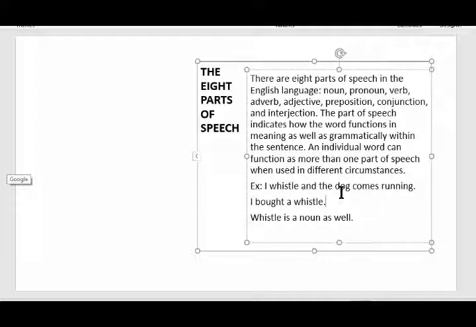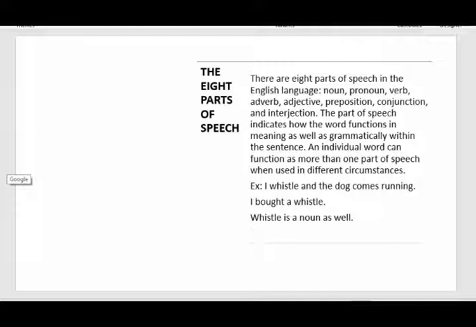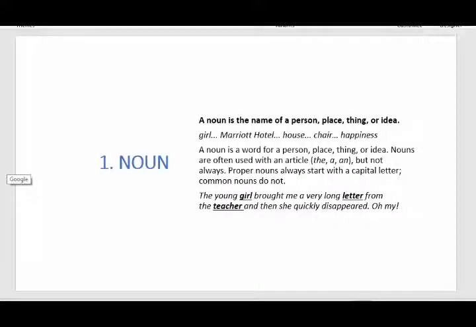However, if I use this sentence, I whistle and the dog comes running, in this case, whistle is a verb. So depending on the position of a word, it can either become a noun or a verb or anything else. So understanding parts of speech can help you make correct grammatical sentences. So let us proceed ahead to find what each part of speech is.